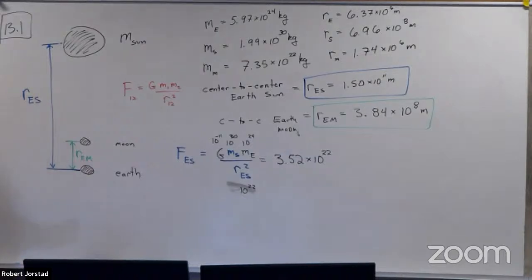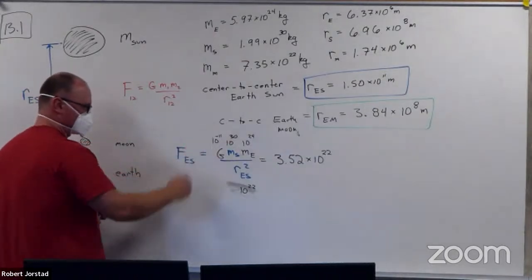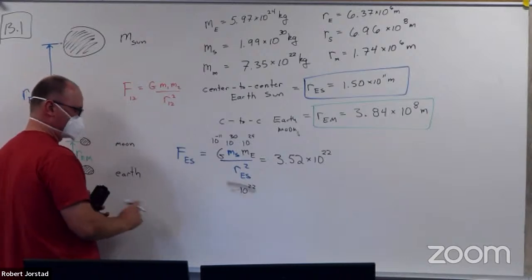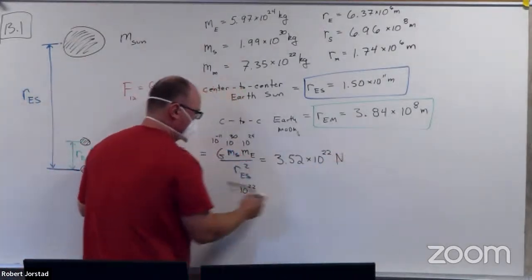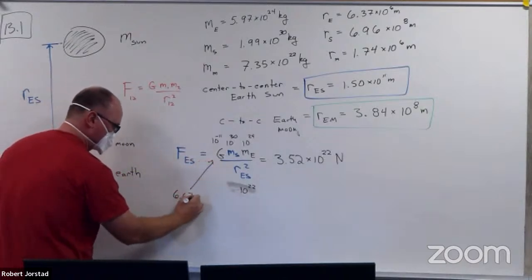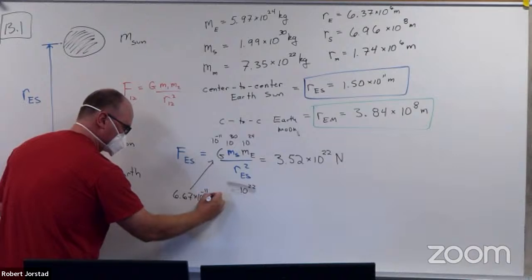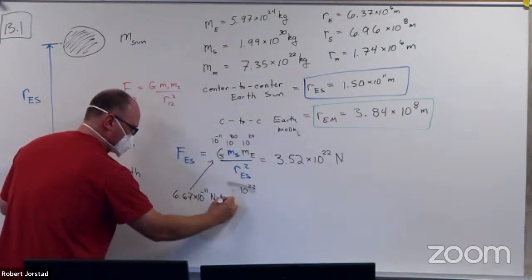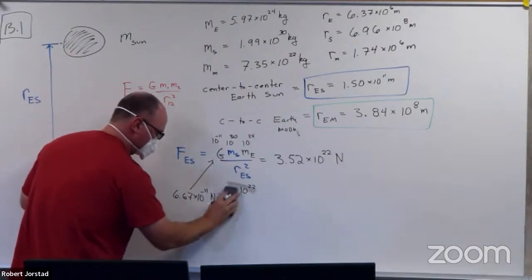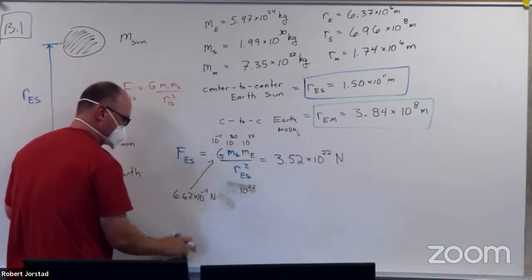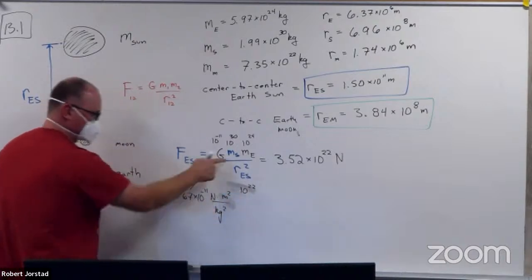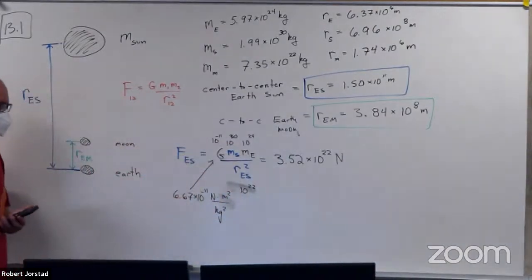Okay, looks good. What are the units on this force? Newtons. Remember, G has units of Newton meter squared per kilogram squared, so it cancels the meters, cancels the kilograms.